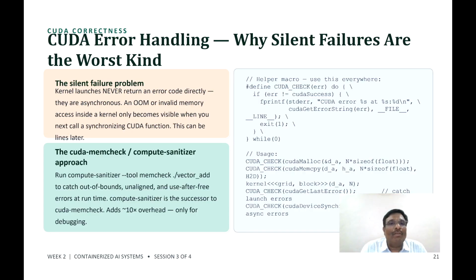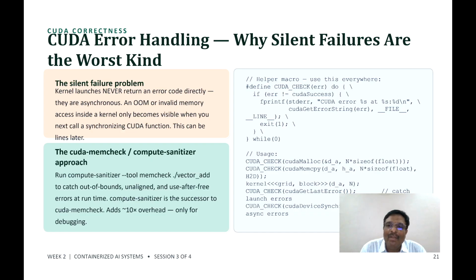And for that you require a lot of profilers, you require a lot of memcheck tools. So you have to catch out of bound things, unaligned things, and so on and so forth. And these memcheck tools, when we talk about CUDA memcheck, are only for debugging, because they add a lot of overhead to our programs.